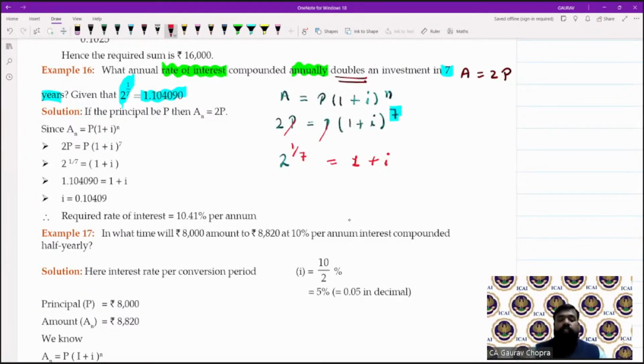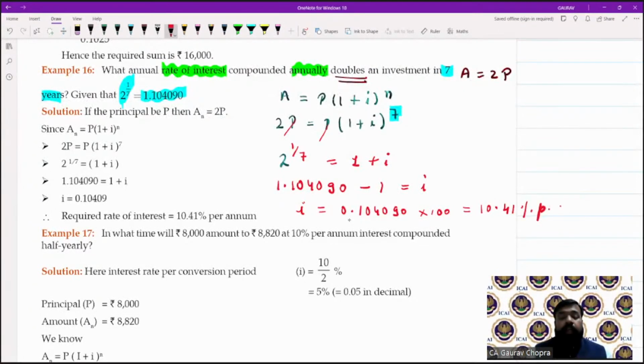And this value is given in the question, that is 1.104090. Minus 1 equal to i. Therefore, the value of i will be 0.104090. In terms of percentage, we multiply with 100, so 10.41% per annum. So this will be your final answer.